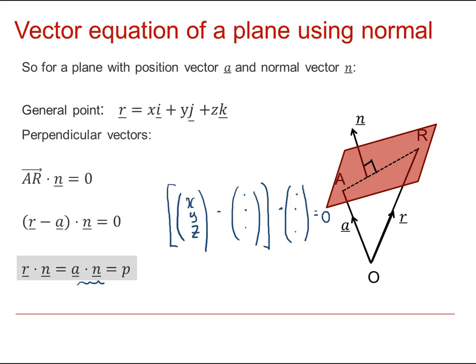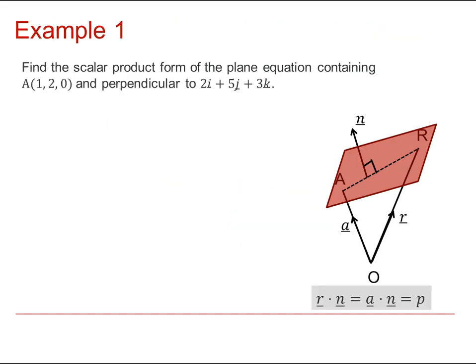Let's look at some numerical examples of that. So in this question, we've got a point A on the plane which is 1, 2, 0. So the position vector of A we can write in our diagram as 1, 2, 0. And the perpendicular vector is 2, 5, 3.